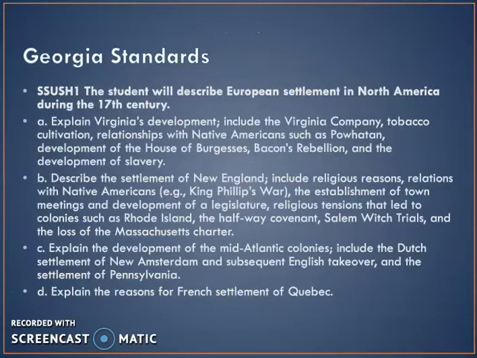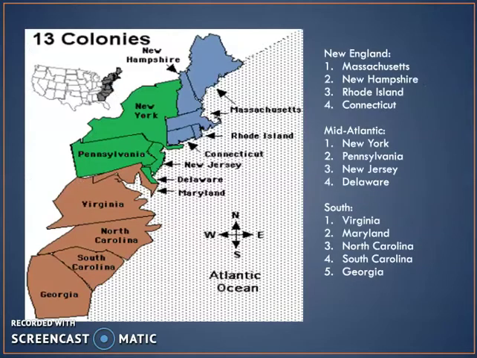These are going to be your standards. We're starting with standard 1. We'll be working our way down through the list. So when talking about the 13 colonies, I said they're going to be divided into 3 regions, and here are the regions. When you're looking at the New England colonies, you're going to have these colonies located here in blue, and they are going to be Massachusetts, New Hampshire, Rhode Island, and Connecticut.